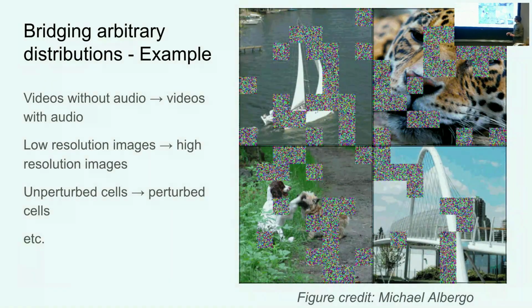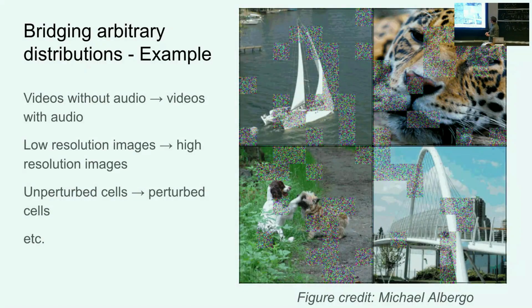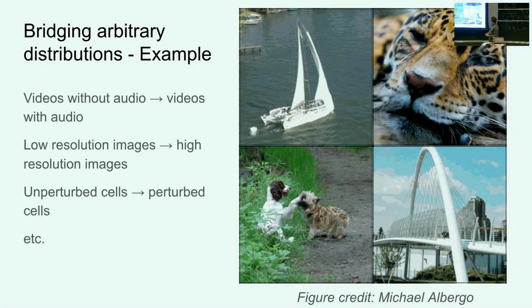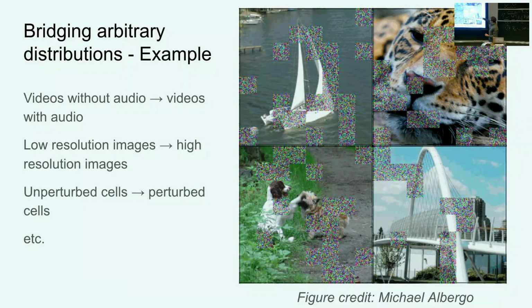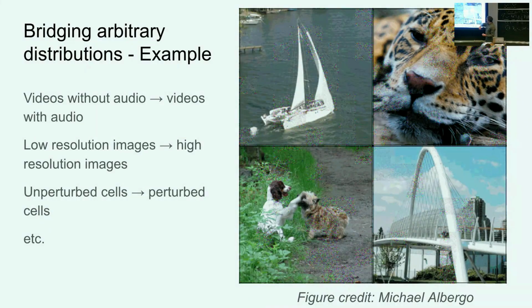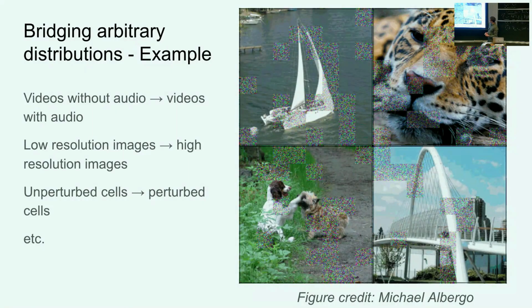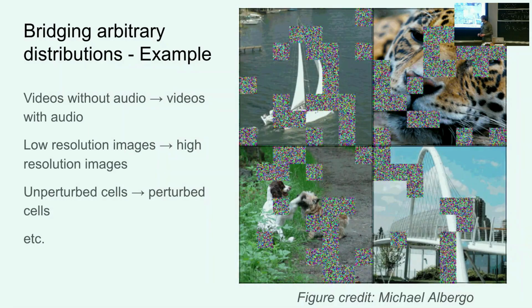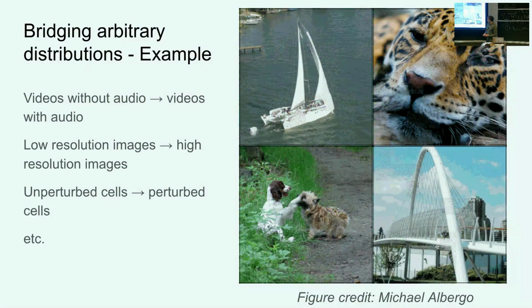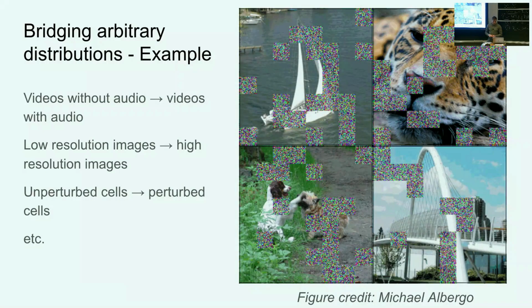And here's an example from the work of Michael Albergo on stochastic interpolants, where you convert only partial noise in an image to a full image. You see it's step by step being recovered to its full high resolution image. So you basically unmask certain parts of it.